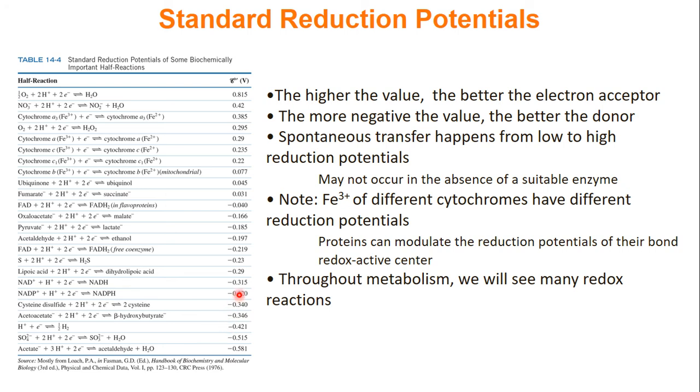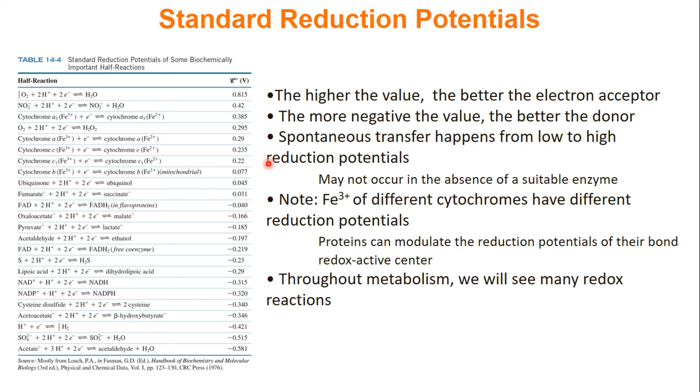A spontaneous transfer will happen if you pick one substance off the table. For example, I'm picking NAD+. If I couple NAD+ with anything above it, I'm going to have a natural flow of electrons. However, this might not happen without an enzyme. Just because something's spontaneous doesn't mean it'll happen anytime soon.